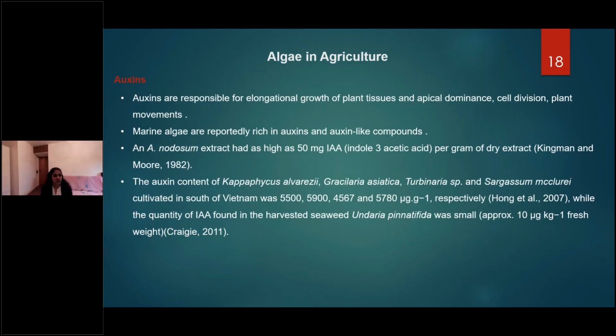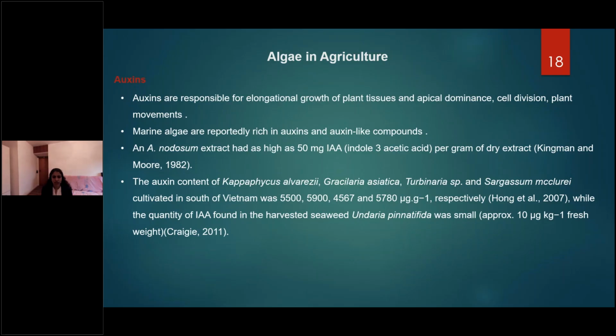But still, I would like to give a small note on this. Auxins are responsible for elongation growth of plant tissues, apical dominance, cell division, and plant movements. These marine algae are reported to be rich in auxins and auxin-like compounds. For example, Ascophyllum nodosum extract has a high 50 mg of indole-3-acetic acid per gram of dry extract.